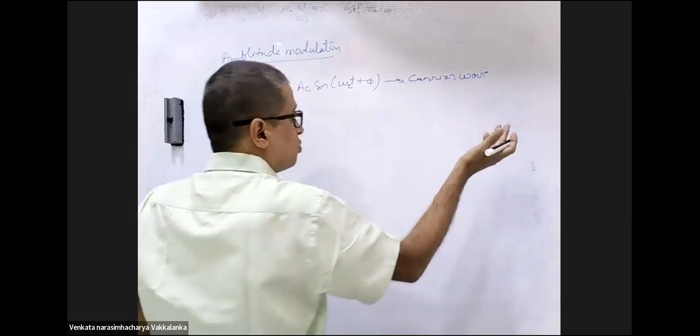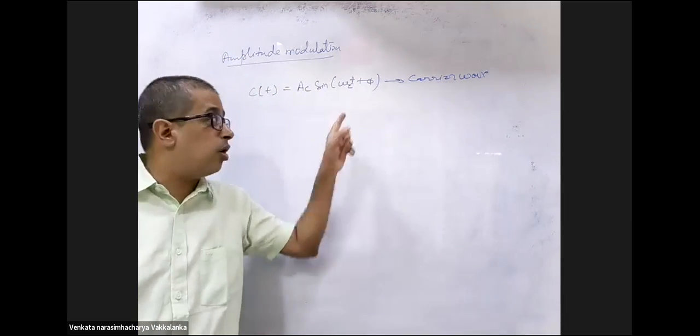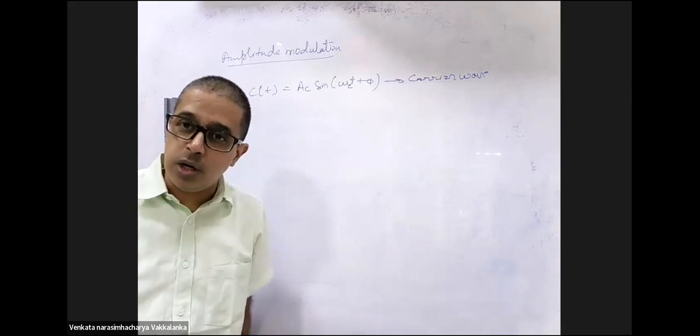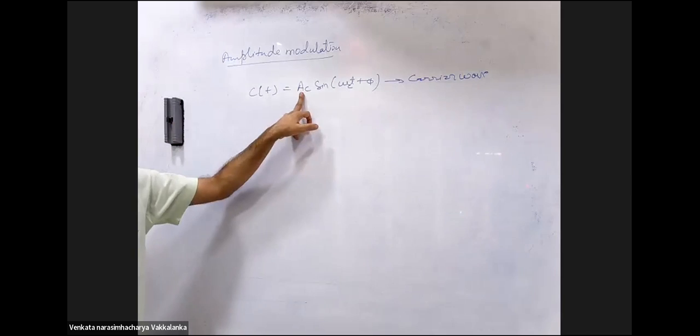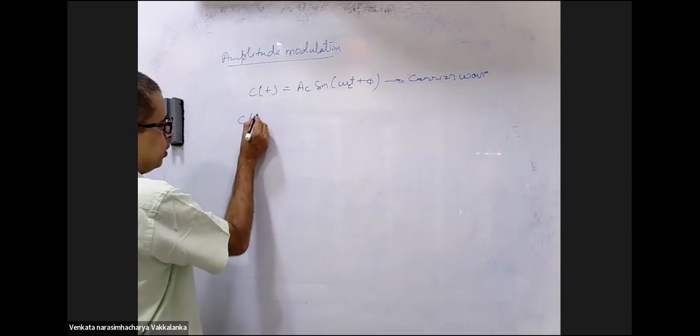This carries your signal. Where will it carry? Inside the amplitude, not inside the frequency. When you do it inside the frequency, it is called frequency modulation. If it is carrying inside the amplitude, it will be called amplitude modulation. How do they do that?